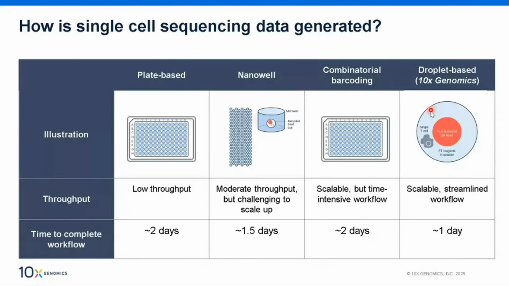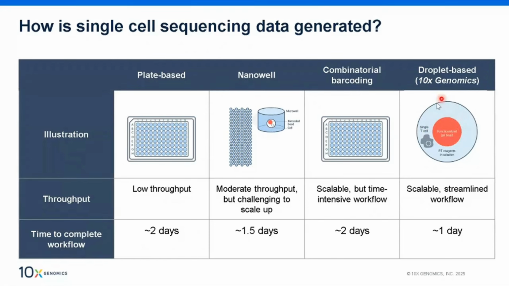And finally, at 10x Genomics, we offer a microfluidic droplet-based single cell technology. Over here, we are showing that this is engulfed by a phospholipid bilayer. Inside, we have a functional gel bead. The function of this gel bead is to carry a unique barcode.